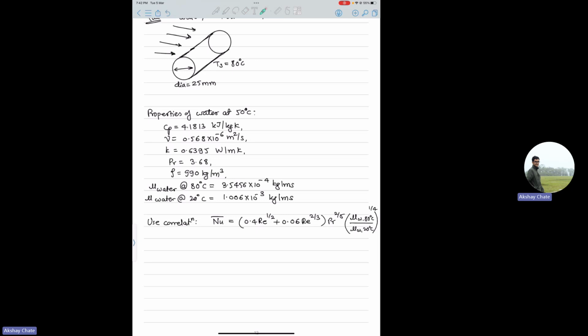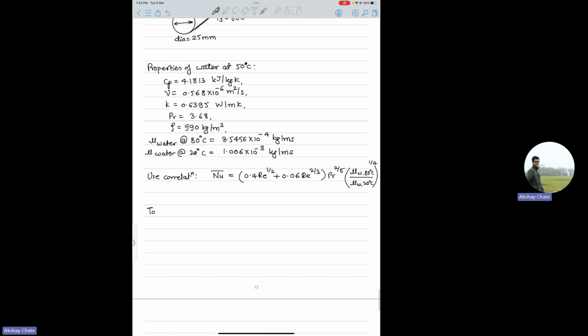And that is why they have given this data. So this is an additional term that they have mentioned in this Nusselt number correlation, and it requires this. There is no hard rule on why this term came here. They did some experiments and would have found out that water viscosity plays an important role at various temperatures, and that's why they included this term here.